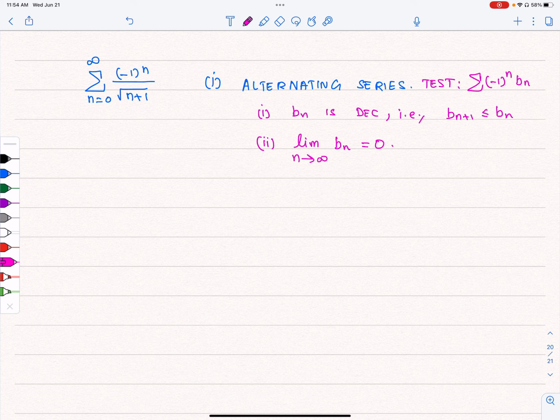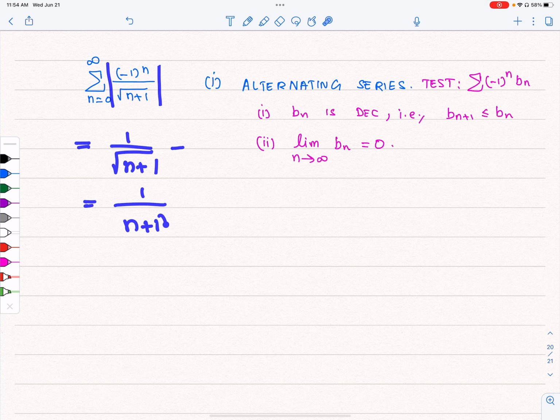And so the question is, is it absolutely convergent or conditionally convergent? You can say it's not absolutely convergent, because if we take a look at the absolute value of this one, that is going to give me 1 over the square root of n plus 1, which is essentially 1 over (n plus 1) to the 1/2, and this is going to behave essentially like 1 over n to the 1/2.